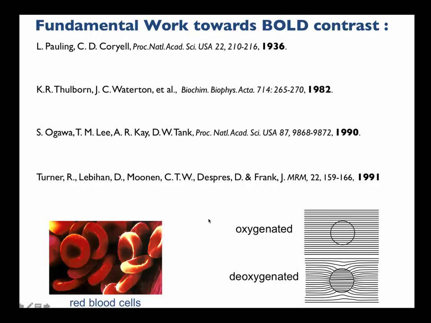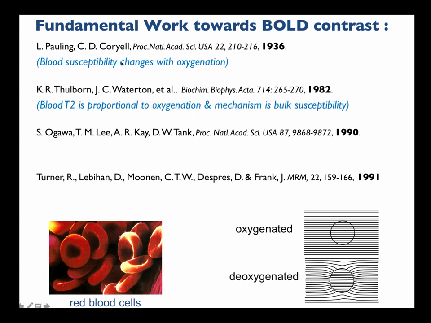So what about BOLD? BOLD contrast has been worked on in some sense since a long time ago. Linus Pauling first characterized blood susceptibility with oxygenation, the unique change in its magnetic properties, and the ability to distort magnetic fields varies with oxygenation. He understood that.